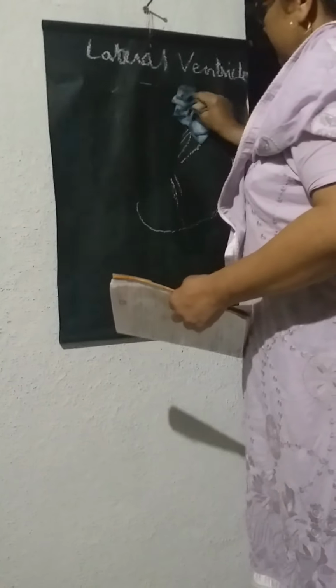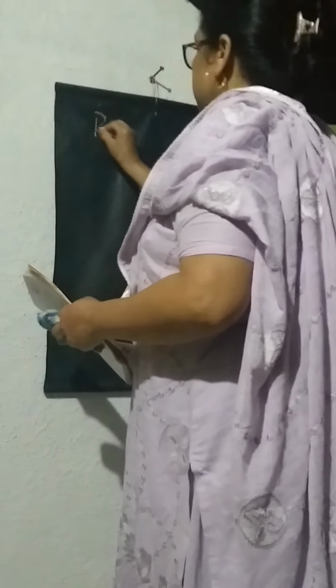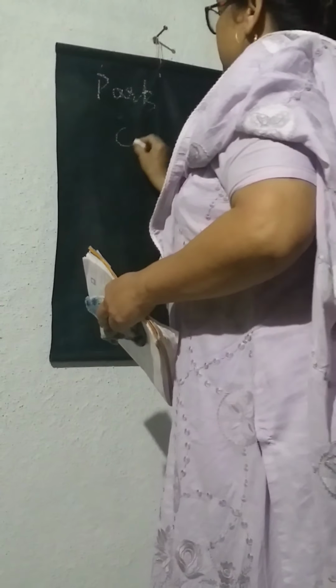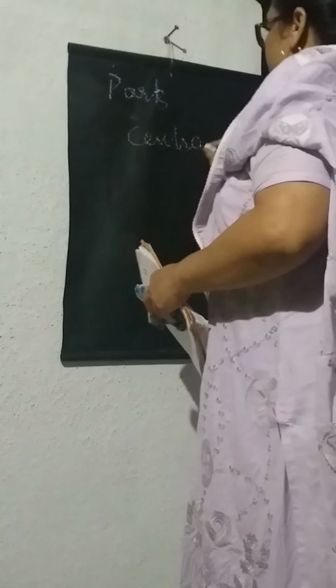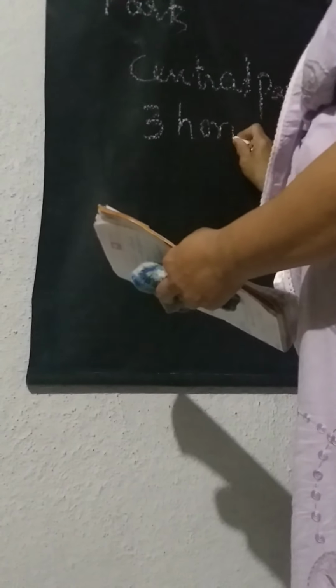Each lateral ventricle consists of a central part and three horns.